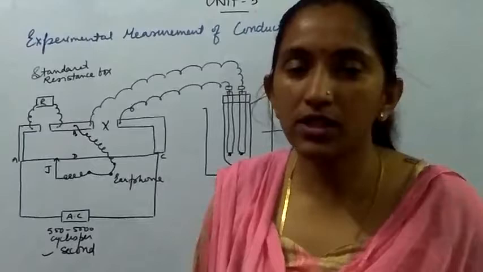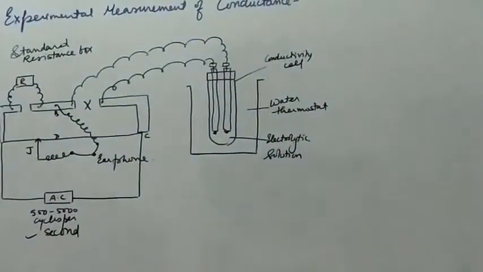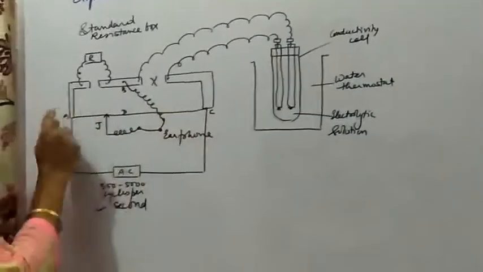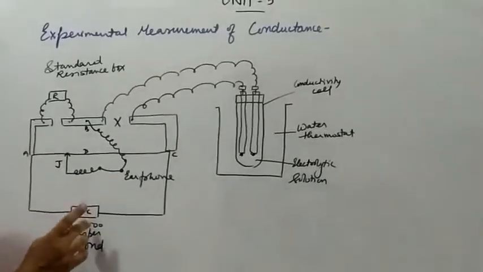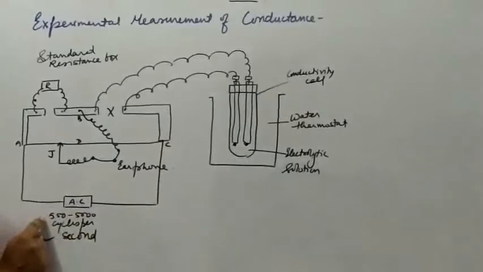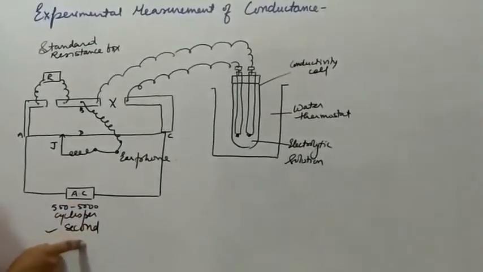For this, you have to just see this diagram here. In this diagram, we have the meter bridge AC, which is connected to the alternating source of current, which has a frequency in the range 550 to 5000 cycles per second.